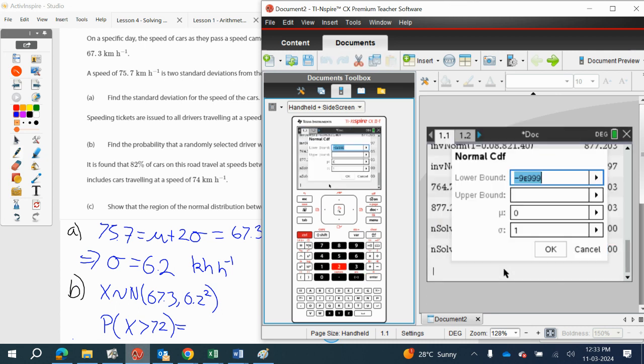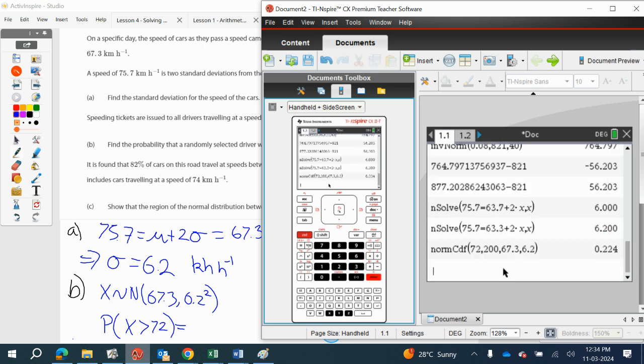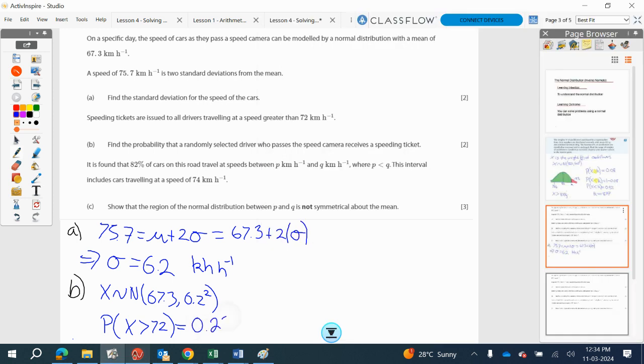So obviously this is standard normal distribution. We're not doing an inverse problem here. Our lower bound is 72. They're not going to be going more than 200. The mean is 63.3. The standard deviation is 6.2. And we get 0.224, so 22.4%. I like to answer as a decimal. 0.224. That's how that looks. Let's try C.